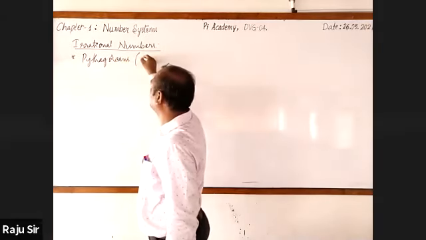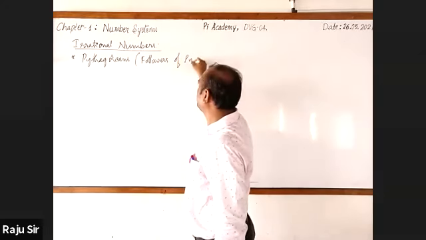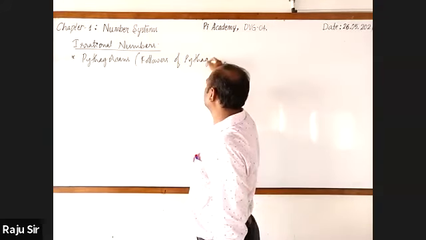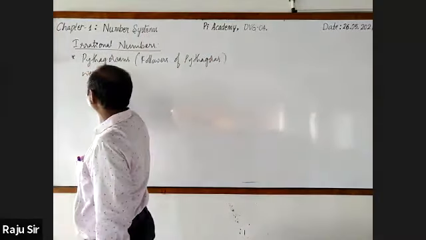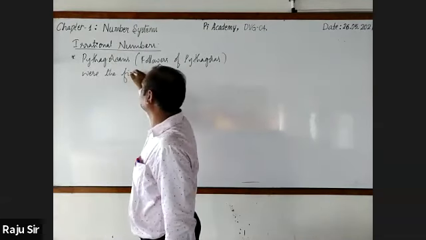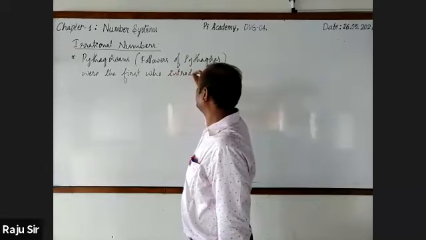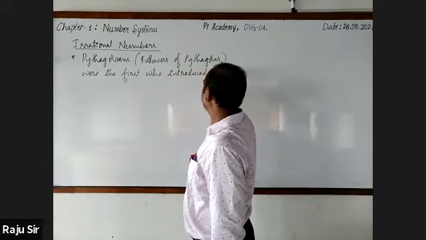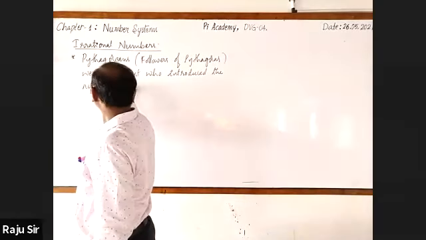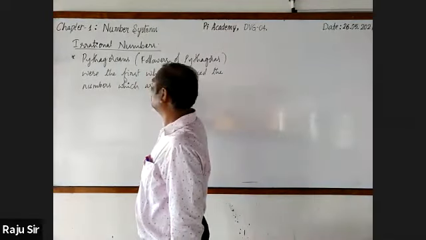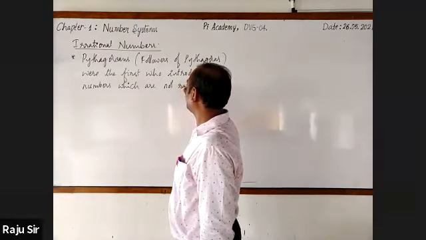In bracket you write followers of Pythagoras, a great mathematician. Pythagoreans were the first who introduced the numbers which are not rational, nothing but irrational.